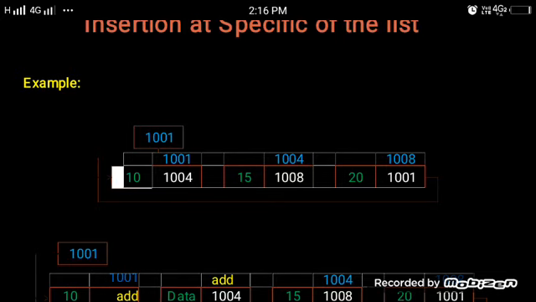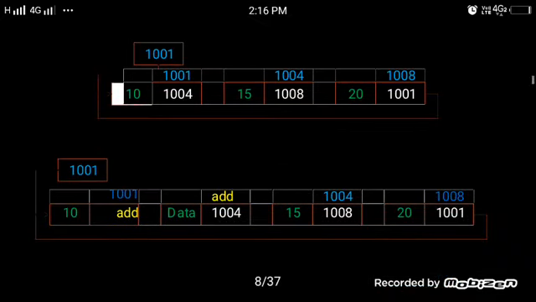At a specific location between 10 and 15, I am adding some element, that is data with an address value. The remaining steps are the same as the above examples, and the last one is linked to the first one.